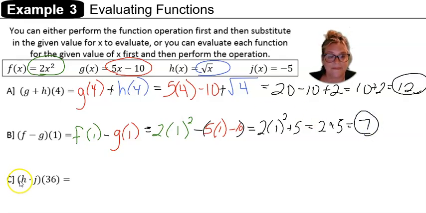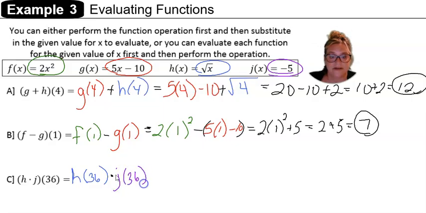Then in C, we're taking the function h times the function j, and we're going to evaluate that at 36. So our function h gets evaluated with a 36, and then that will be multiplied times the function j of x, which is going to be purple, so j of 36.